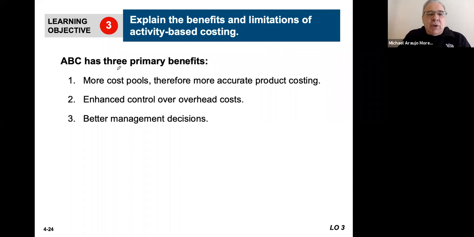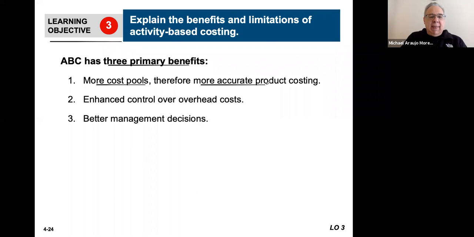All right. So learning objective 3 here explains certainly the benefits and some limitations regarding activity-based costing. And there are three primary benefits, and that is by identifying more cost pools in those processes of production, you can have a more accurate product costing method.